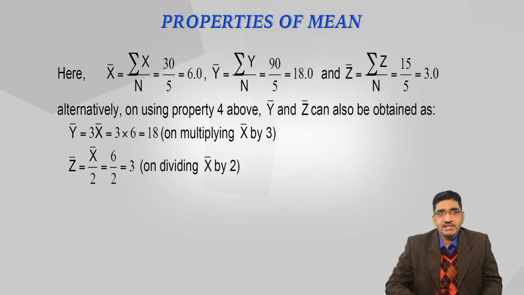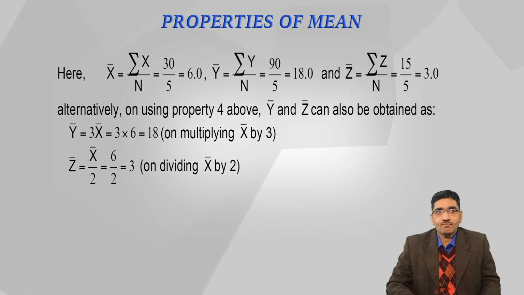So it can be said that change of origin and scale affect the arithmetic mean of any data.